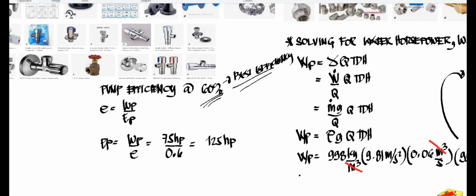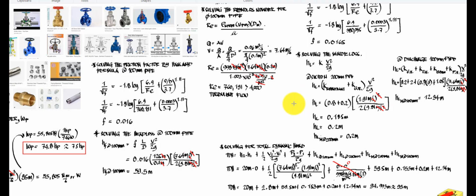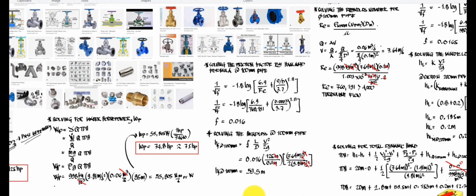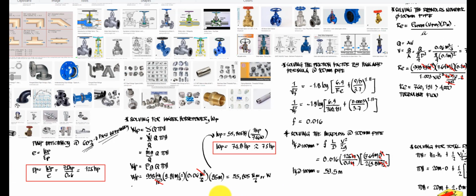Okay, so looking at the overview of our solution, we started from here, and the values come from here and go down. The computation is a bit long, but it's worth it when you use this in the field.